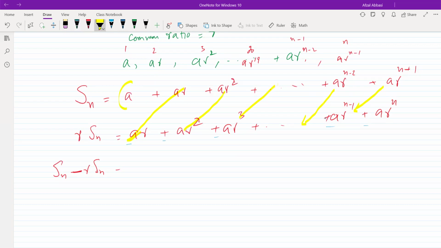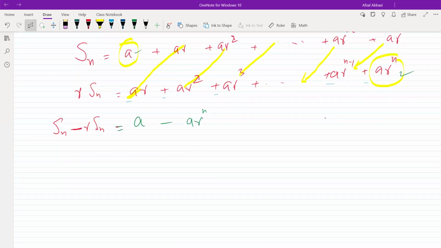Only the first term a in the first series and the ar^n in the second series are left out without a pair. All others are similar, so when we subtract them, they cancel each other. a minus ar cancels, ar squared minus ar squared cancels. Whatever is left out, we write. So a is left from the first one minus ar^n from here. So a minus ar^n is left.